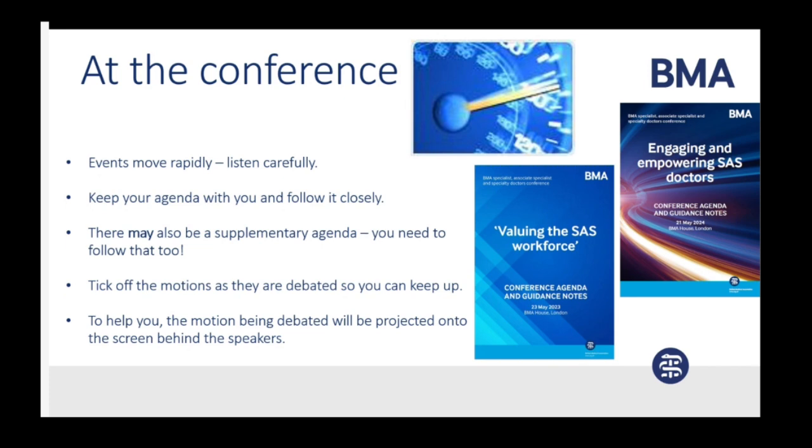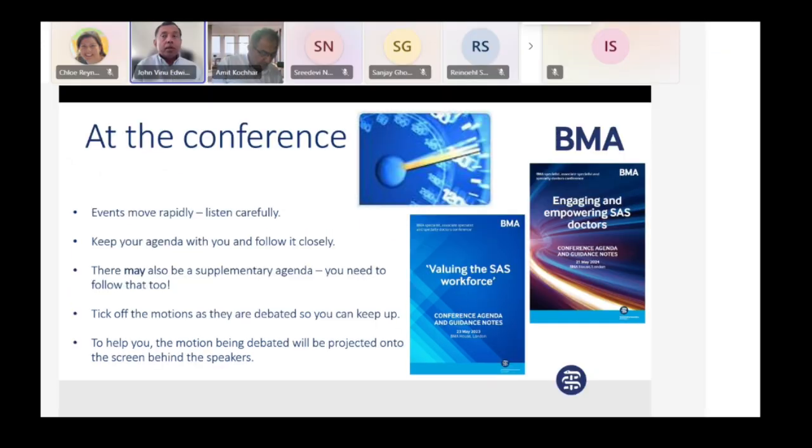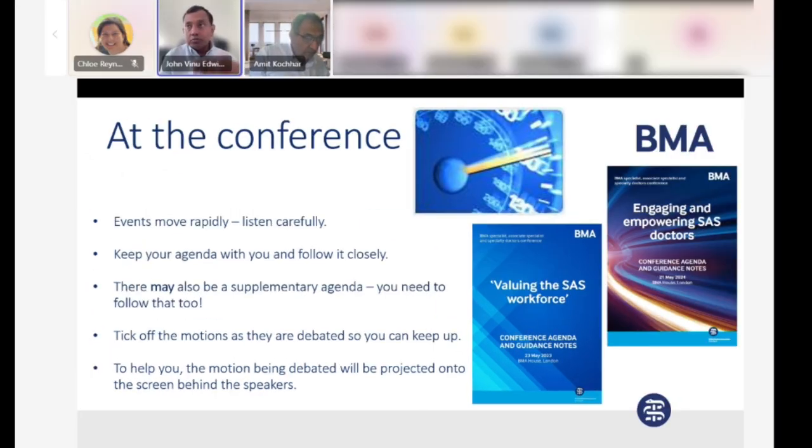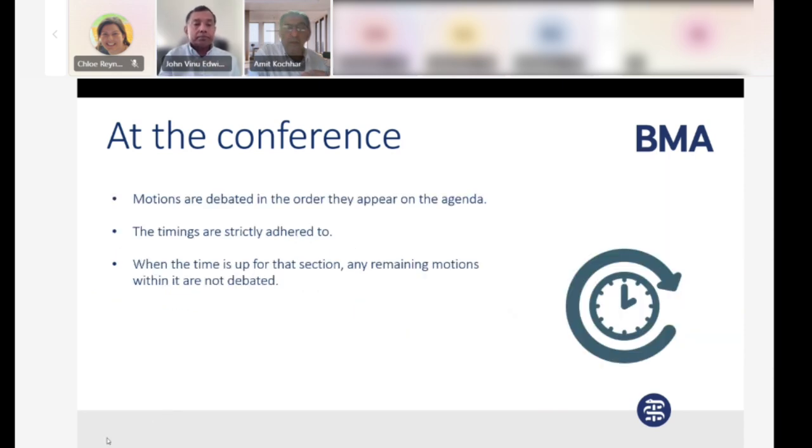You need to follow that too, if it's published and you have it in hand, either online or you can print it out if you need to. And as you wish, tick off the motions as they are debated so you can keep up with it. The motions will be coming up on the screen on the dais. To help you, the motion being debated will be, as I mentioned, behind the speakers, so you can see what's happening there. Next slide, please.